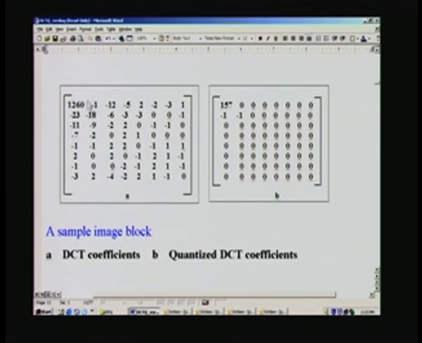And the very first coefficient, as I mentioned, is the DC coefficient, and see the value is quite high when compared to all other coefficients, and that is the reason why I was saying it is 8 times the average of pixel intensities put together. And so if you divide this by the quantization matrix, the matrix is also for every 8 by 8 matrix you will have a quantization matrix.